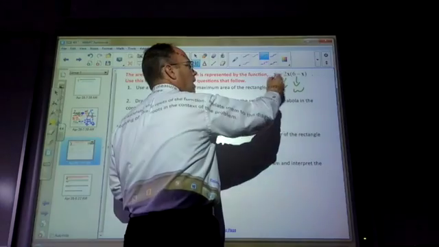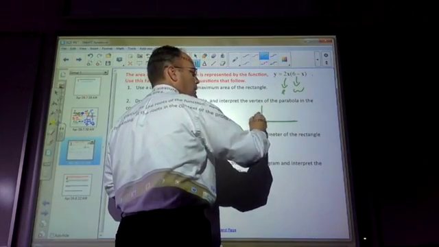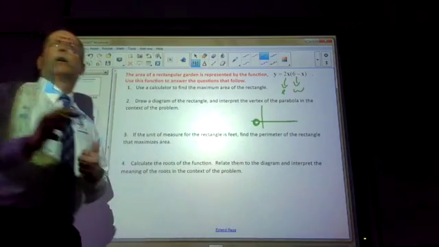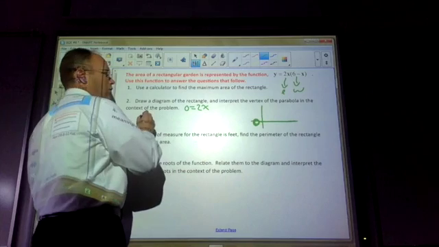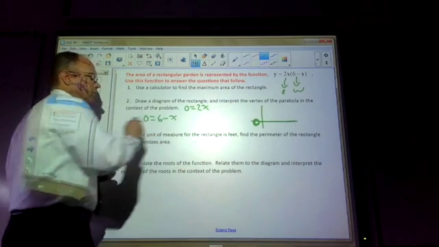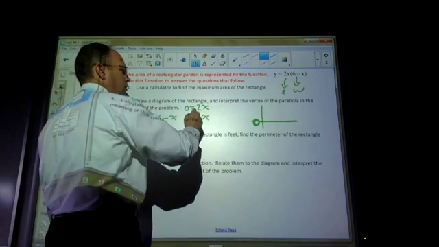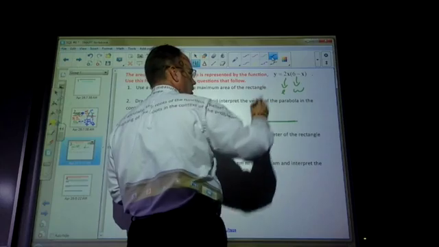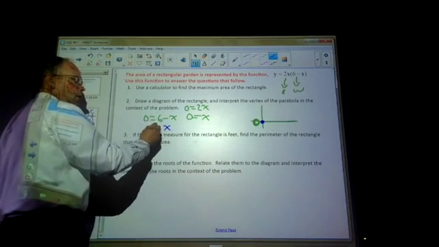If I wanted to figure out where it crosses the x-axis, which is basically here, where our y component is 0. Watch this. 0 is equal to 2x, and 0 is equal to 6 minus x. So x equals 0 here. Okay. What's x equal to here?